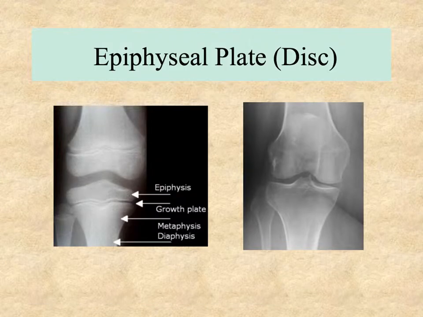So here are some x-rays. You can see the situation. This is a child's x-ray. This is the knee, and it looks like there's a crack running right down the middle of the bone. X-rays will take a picture of bone. Bone tissue is much harder.